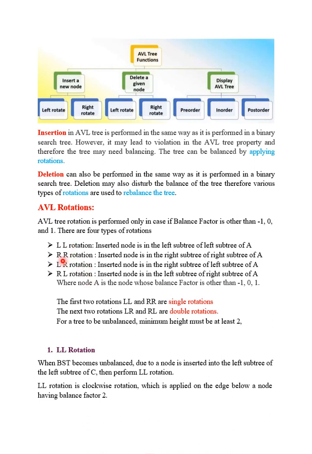The first one is LL rotation, that is left rotation. It is nothing but the inserted node is in the left subtree of A. If I want to insert, here I have one node. If I insert one on the left and again insert on the left, this is LL rotation.